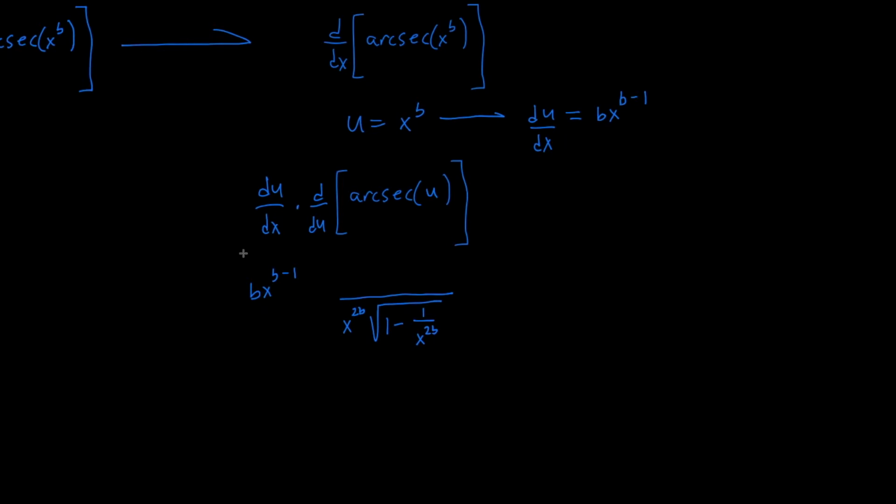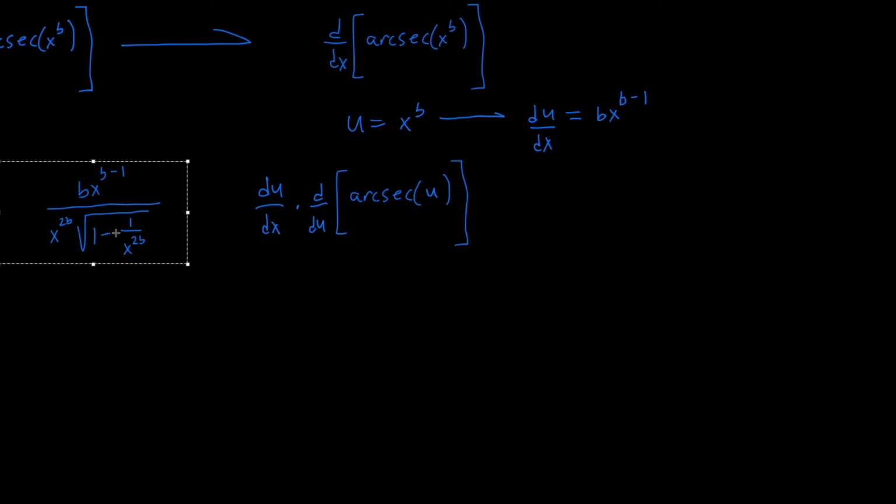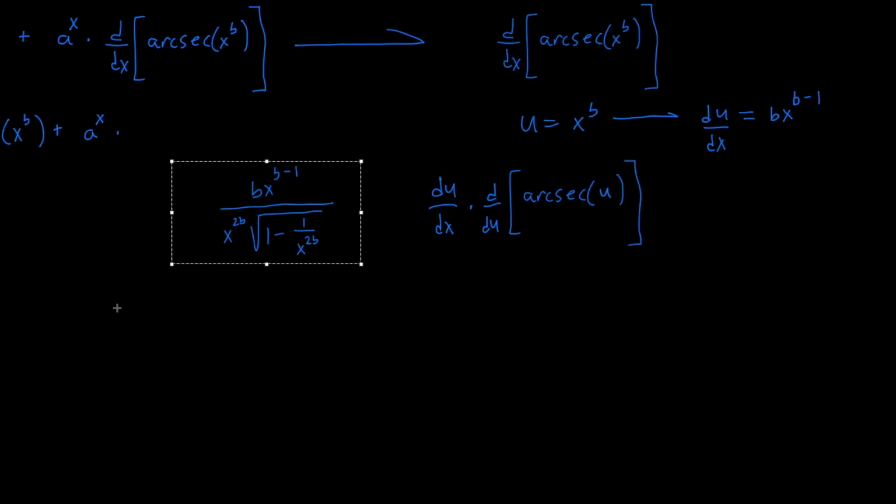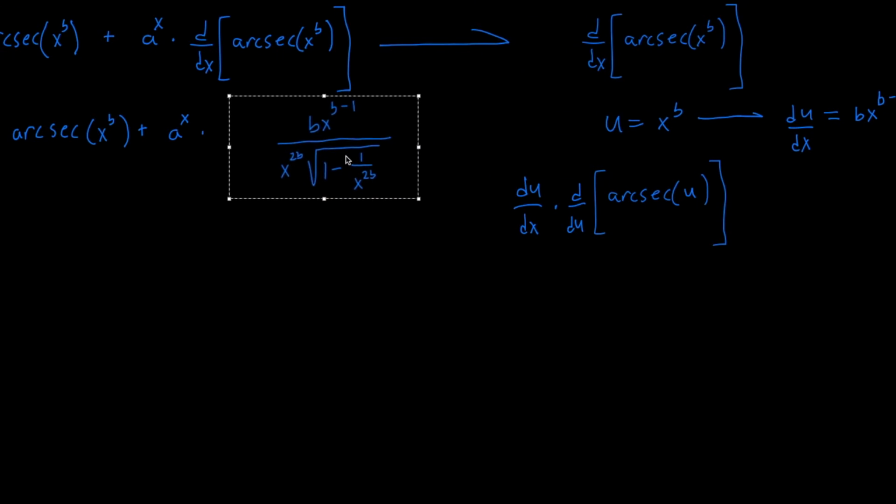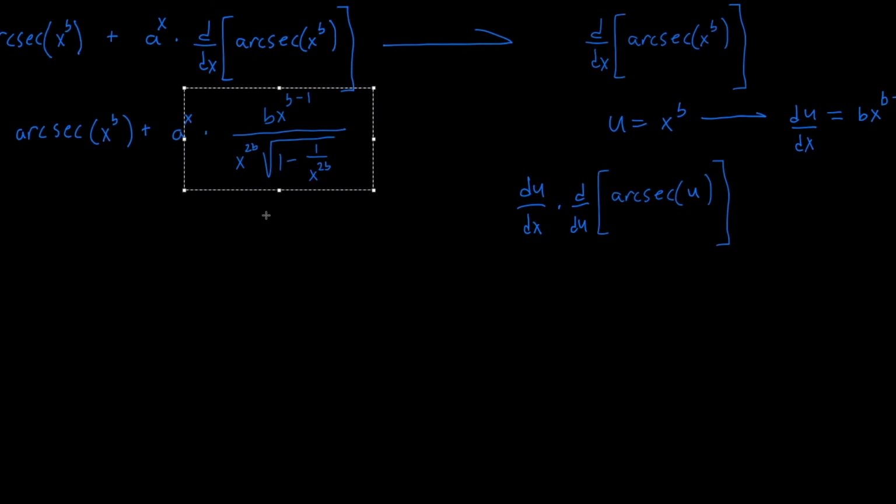So we can combine these two, make that multiplication. And we have this derivative now, the derivative of arcsecant of x to the b. So let's bring that right up here.